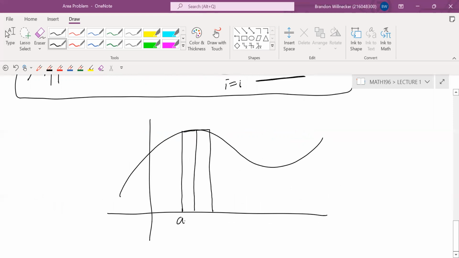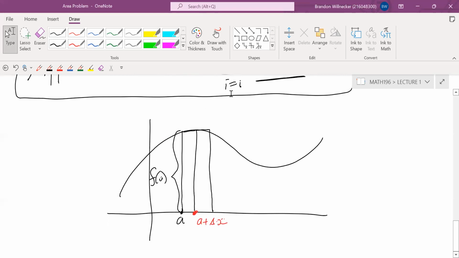So at A, we take this to be the height, in other words, at the start of the rectangle. However, we could also choose the other end of the rectangle. We could choose this point to give us the height of the rectangle. So here would be A plus delta x.